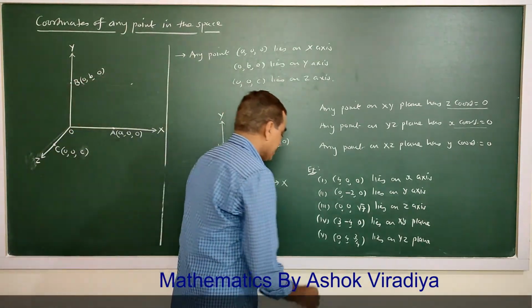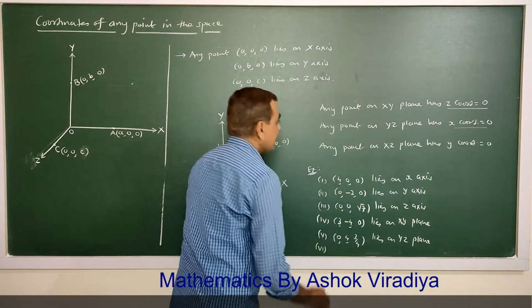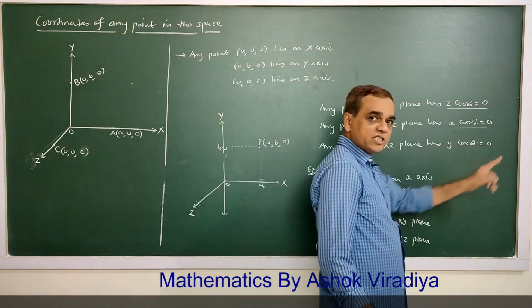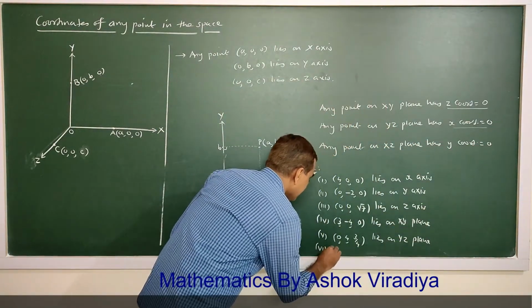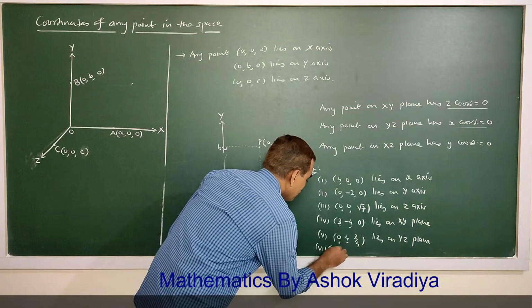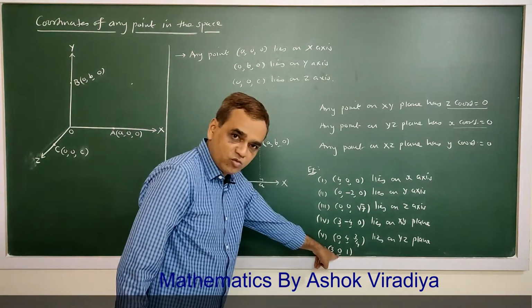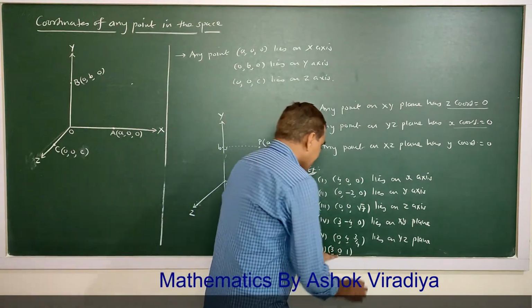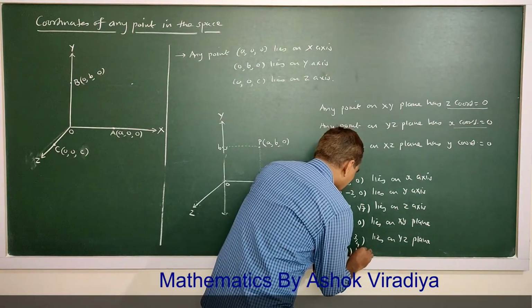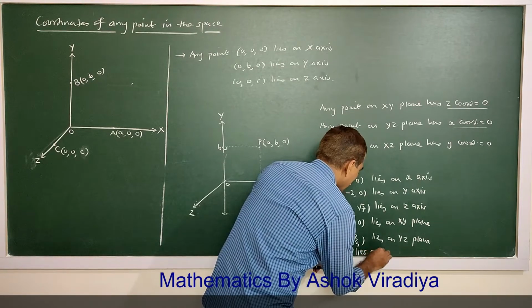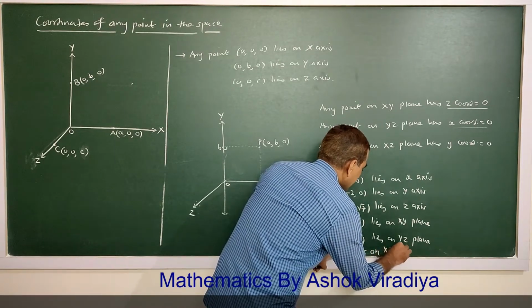If any point has y coordinate 0, suppose x coordinate is 3, y is 0, z is 1, only the y coordinate 0, then this point lies on the xz plane.